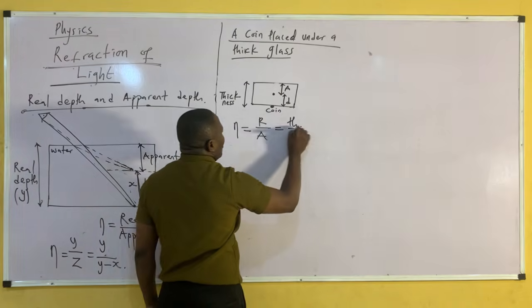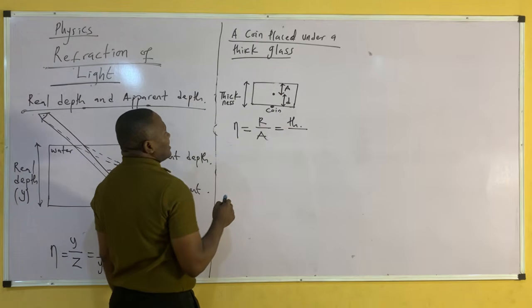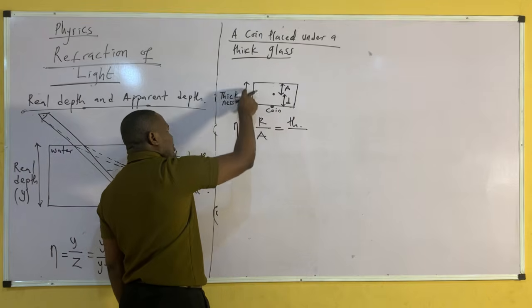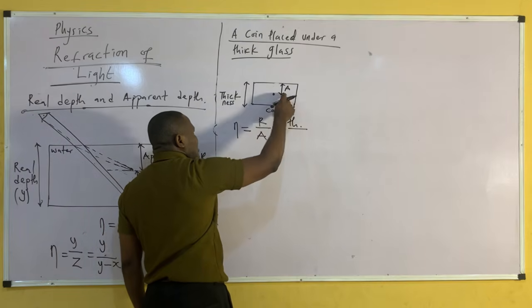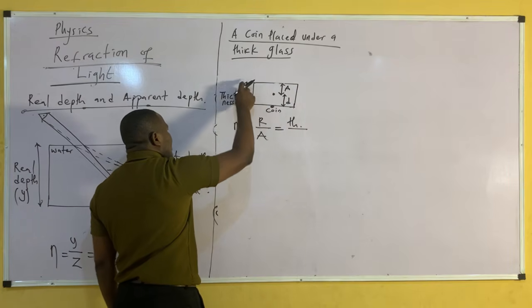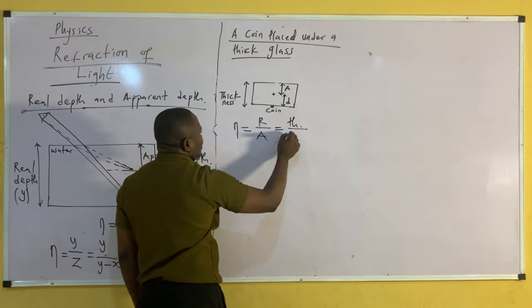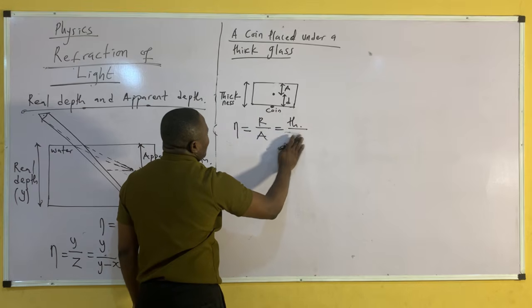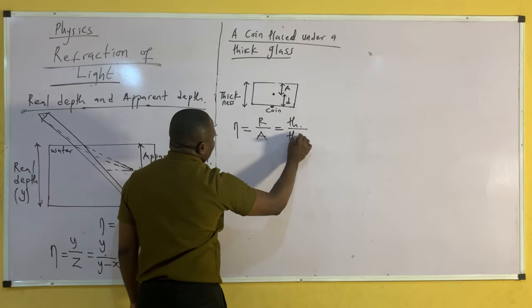So real depth over what is now apparent depth? Apparent depth is real depth minus displacement. What is the real depth? It is thickness.